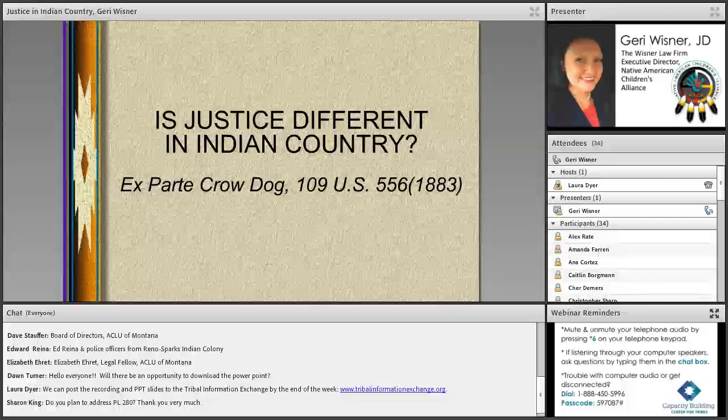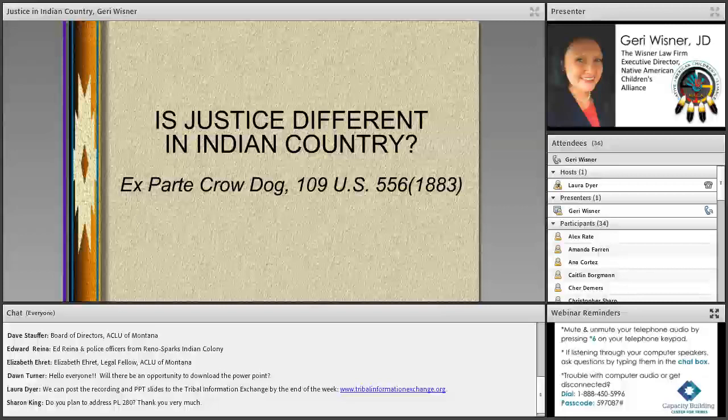Now, with that being said, here comes the issuance of congressional plenary power. Congressional plenary power is found to say that Congress has the plenary power to step in and make rules over tribes and the tribal businesses. So in this situation, because they didn't like the decision of the Supreme Court, Congress then passed the Major Crimes Act.